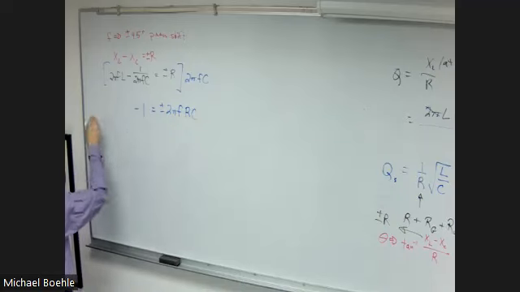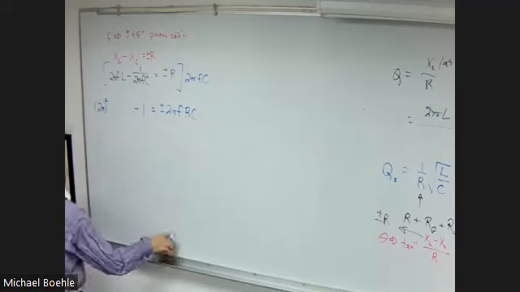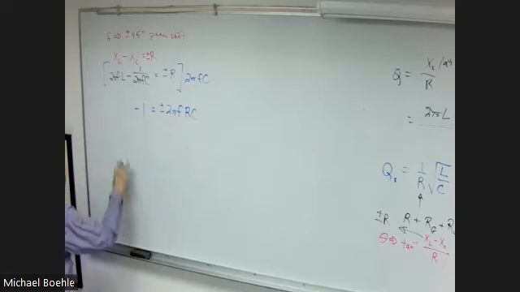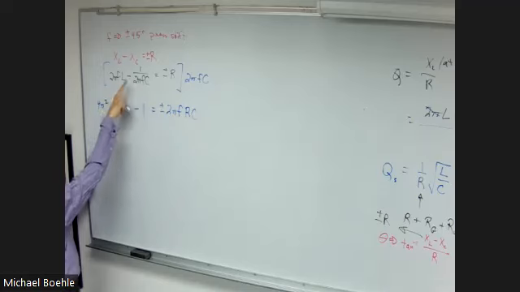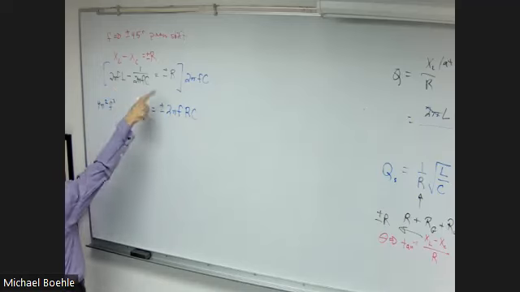What do we end up with here? 2 pi squared. Let's just do it. Okay, so 2 pi times 2 pi is 4 pi squared, frequency squared, LC.